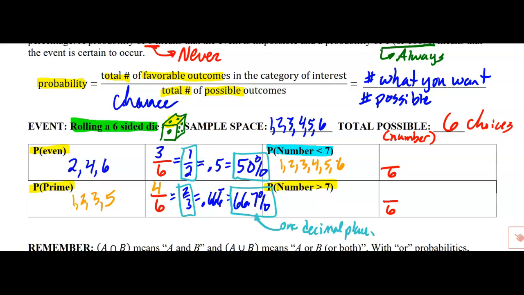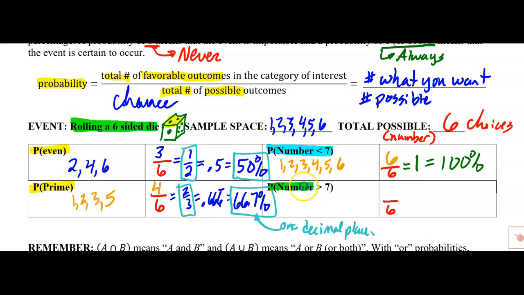All of those numbers are less than 7. So how many of them are less than 7? Well, 6. Okay, so every single value is less than 7. That's a value of 1, 100%. In other words, no matter what you roll on the dice, you will roll a number less than 7. There's no other options available to you.